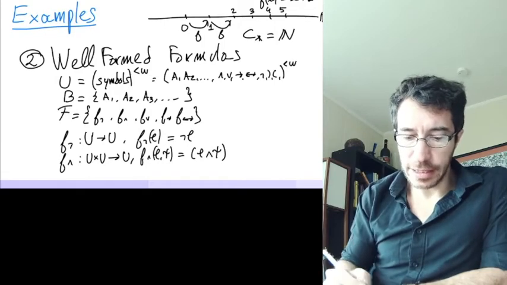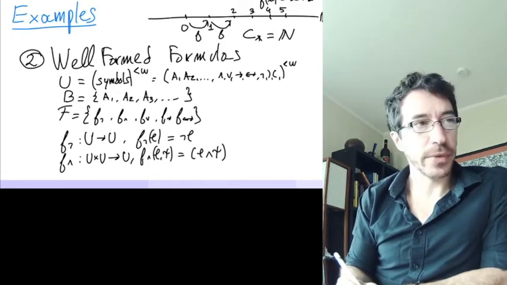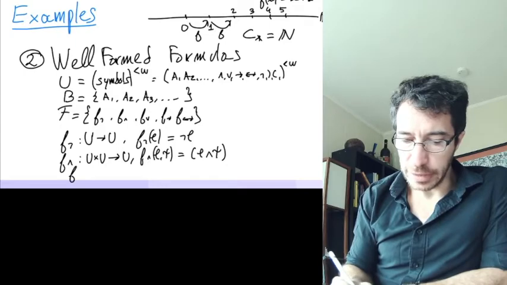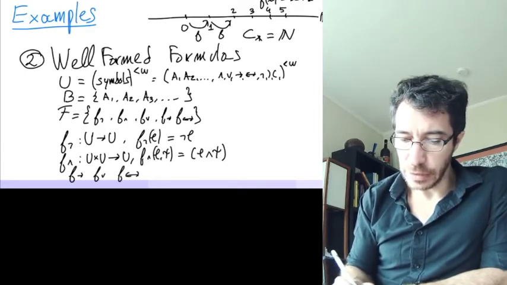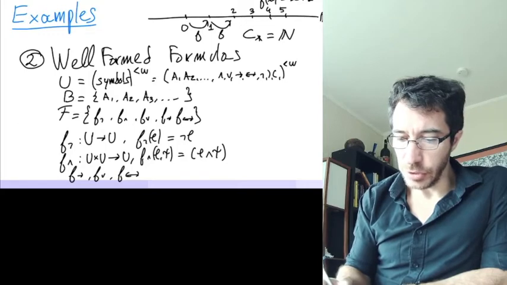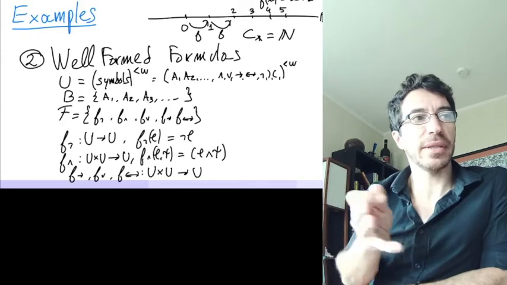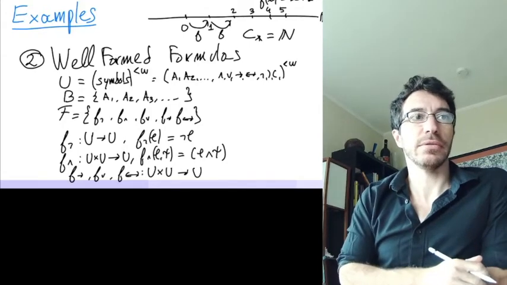And then the same for the other ones. You guys can guess, f implies, f or, f if and only if. They all go from U times U to U, and they do essentially the same, but with the corresponding symbols, right?